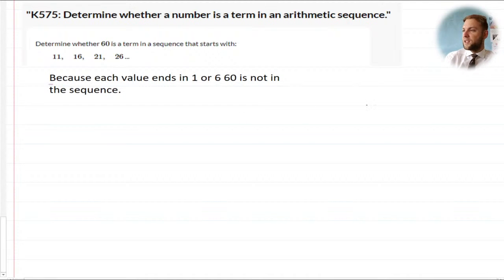Now, if this was a foundation question, it's probably worth 1 mark. It would come up like this, and this is how it would look. It would just literally be like that. So get that one down. I'm going to try and find one that's a little bit harder. Here we go.